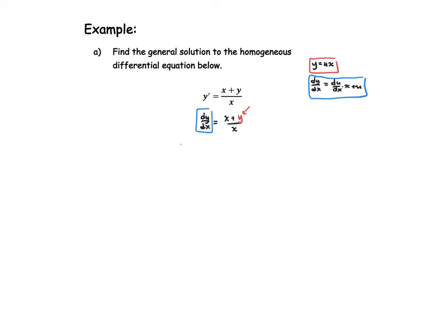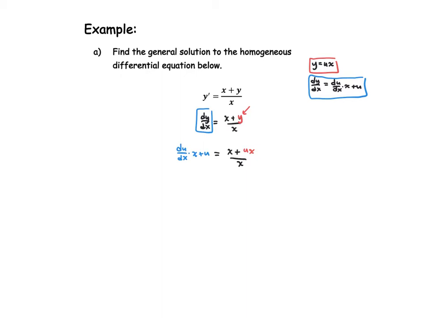So with both of those substitutions, I have du dx times x plus u is equal to x plus ux over x. In this process, I have isolated and cleared out that variable y.